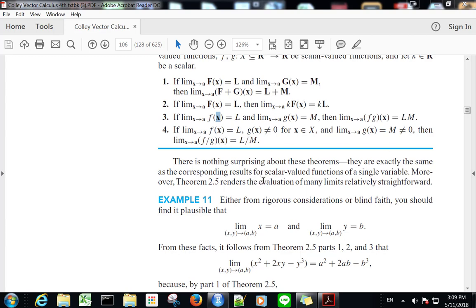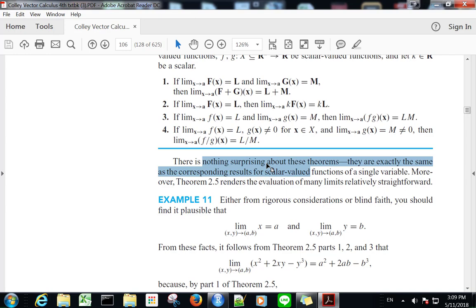Then you get this. Okay, that's a little bit surprising, although she says nothing is surprising. So they're exactly the same as the corresponding results for scalar valued functions of a single variable. So from basic calculus, the same set of theorems.